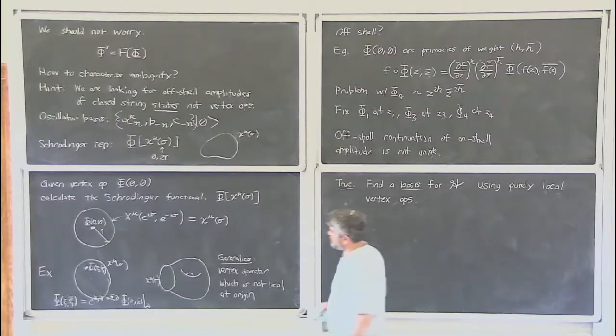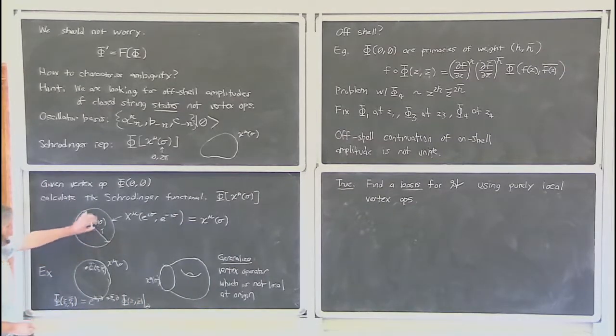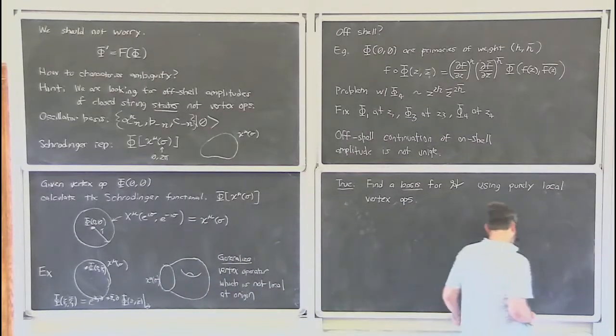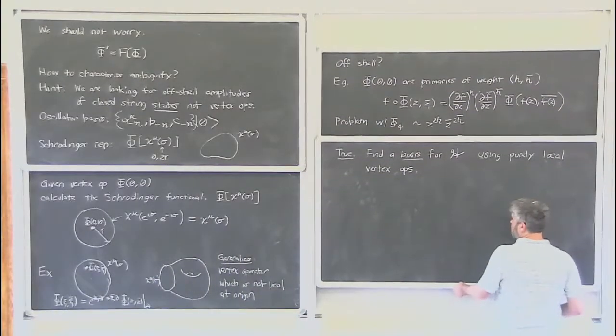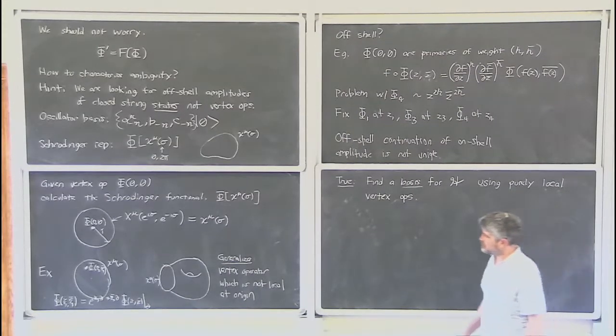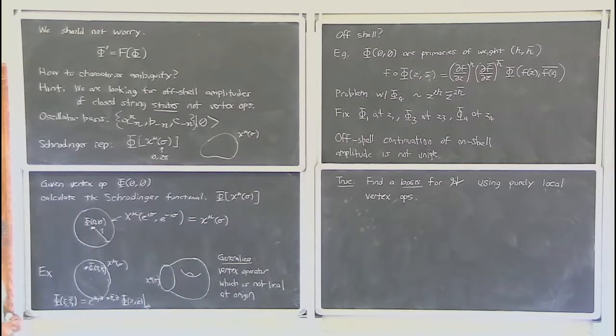So from this point of view, we think of a state as really being defined by some kind of disk. And the question is not where do we insert the vertex operators on the Riemann surface, but how do we patch these unit circles onto the Riemann surface.